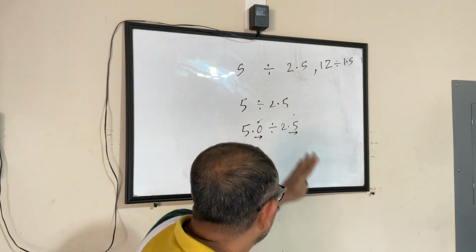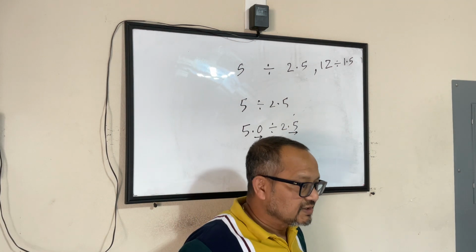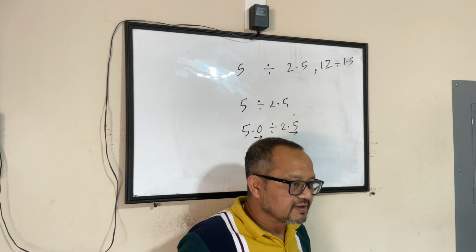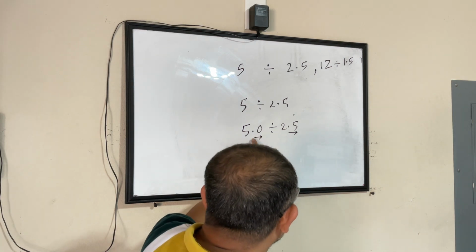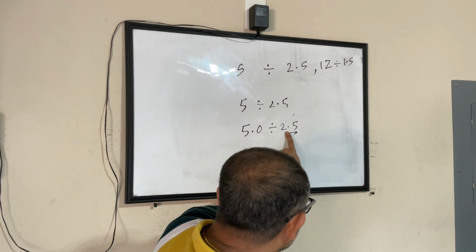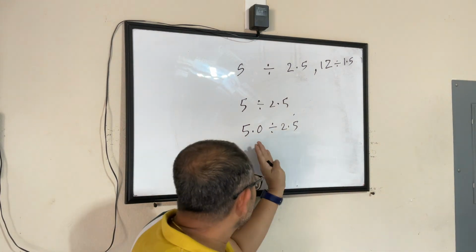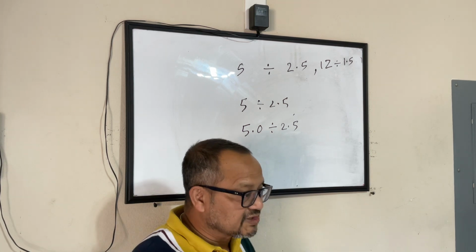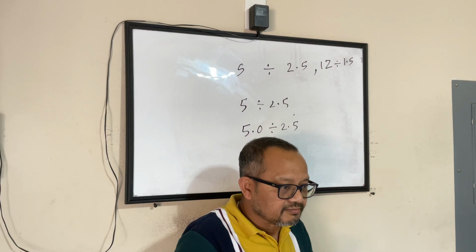Now, as soon as I am able to match the number of digits, by doing whatever drama, circus, whatever I was doing, as soon as I match the number of digits after the decimal in both the numbers, I am good to get going.